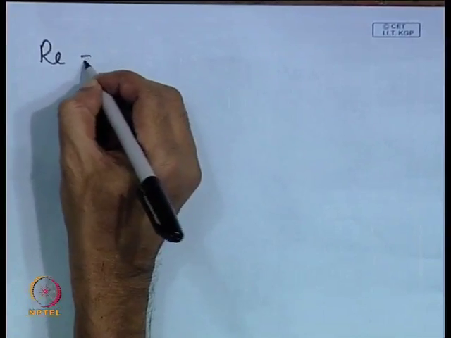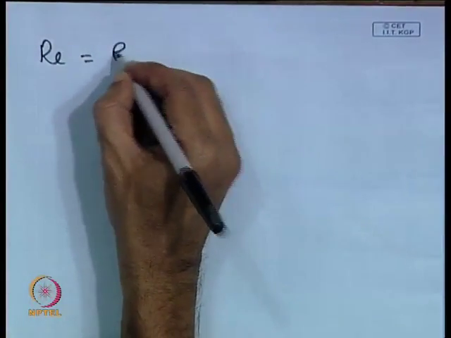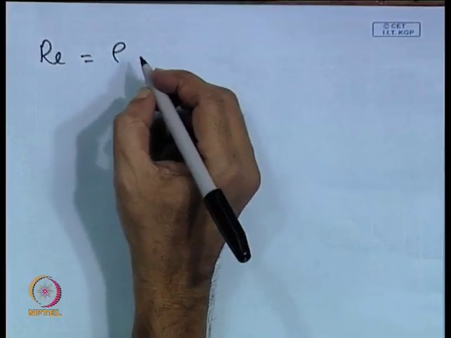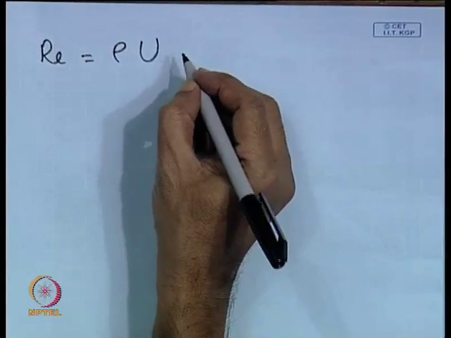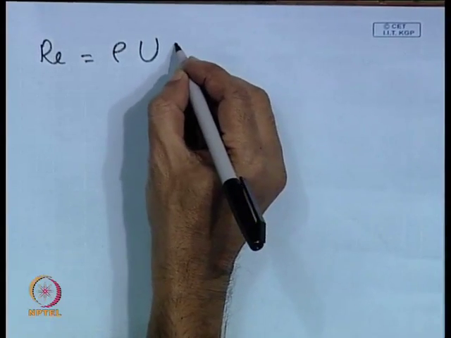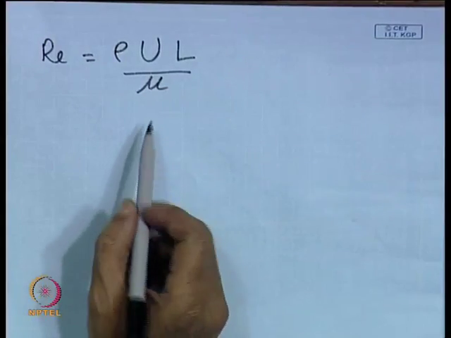So, the Reynolds number Re will be some sort of rho, and then velocity, and then some sort of length parameter, divided by viscosity.